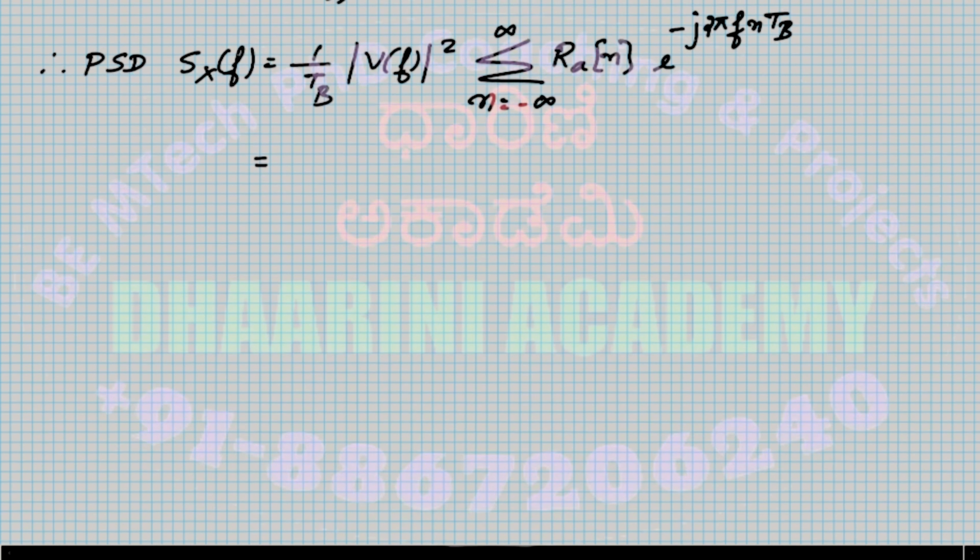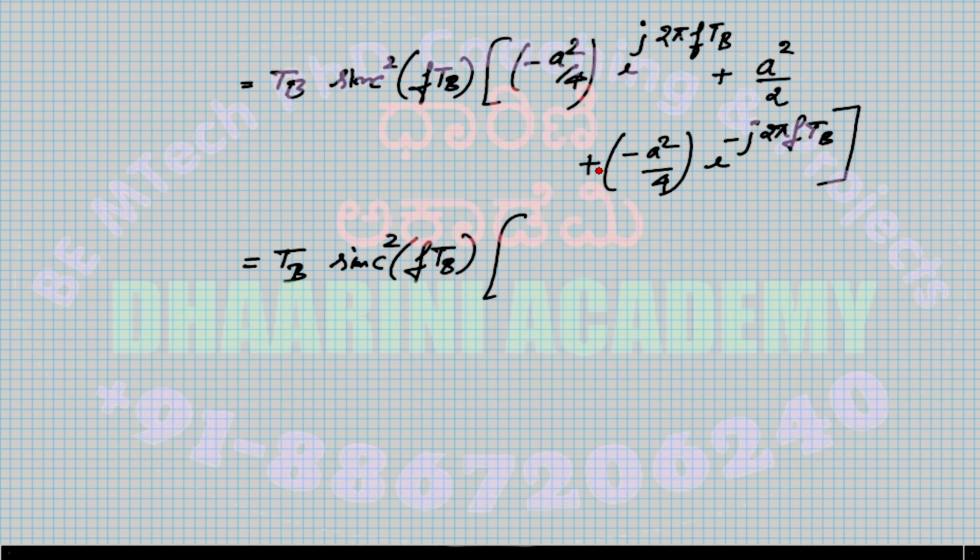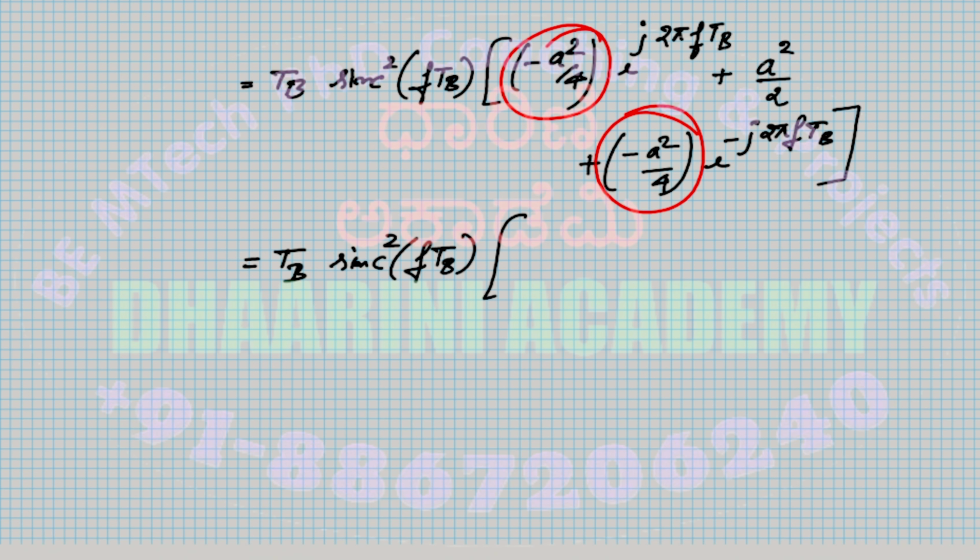Okay. Now let us try to make a substitution. Let me try to write it in this way. This is Tb into sinc square of f times Tb. Now I can see that whatever is inside the bracket, this is common, right? So I'll club the two terms with the minus A square by 4.